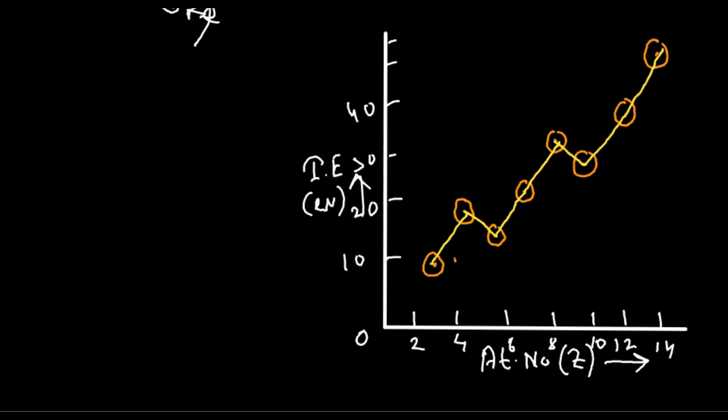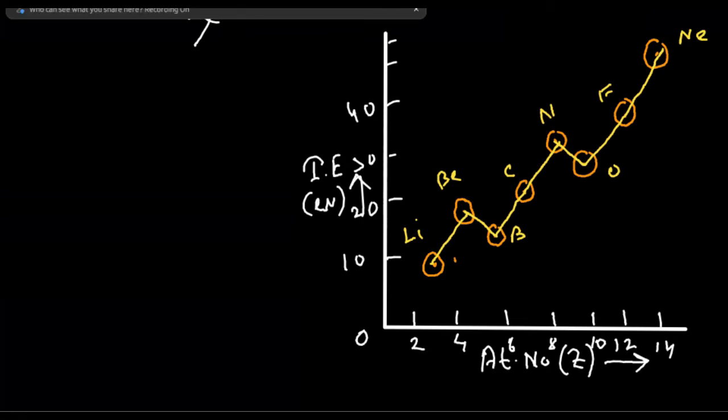Let me write down the elements: lithium, beryllium, boron, carbon, nitrogen, oxygen, fluorine, and neon. So the question is, why has the ionization energy reduced here from beryllium to boron?